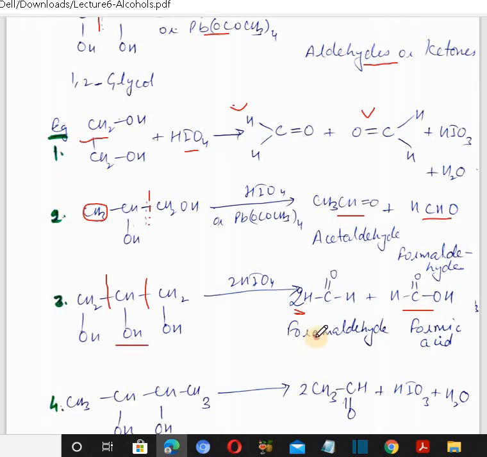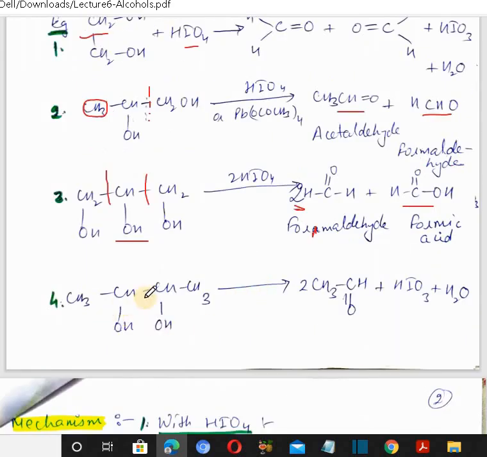So these three carbons, the extreme, terminal carbons give aldehydes and the central carbon gives formic acid or carboxylic acid. So formic acid is formed.